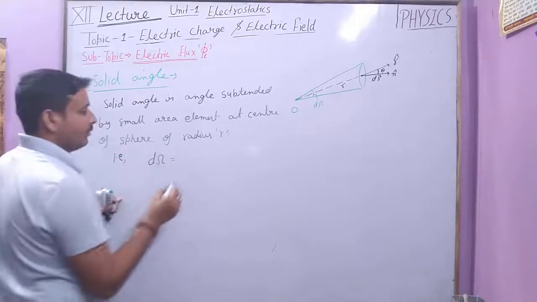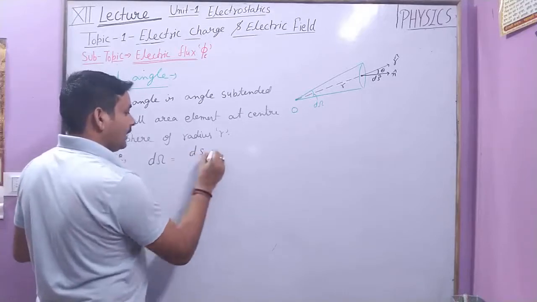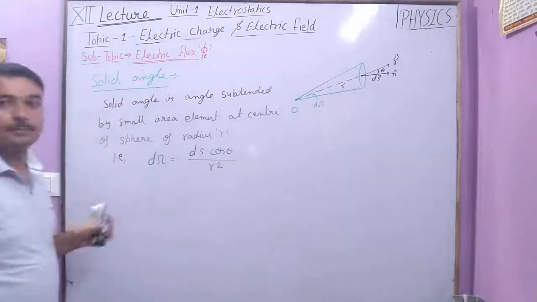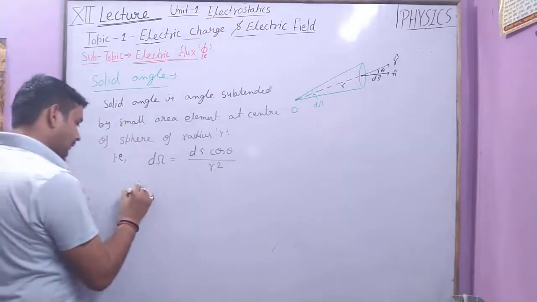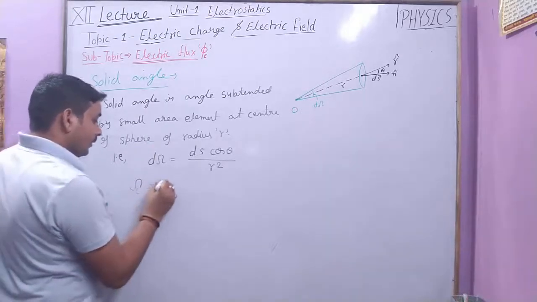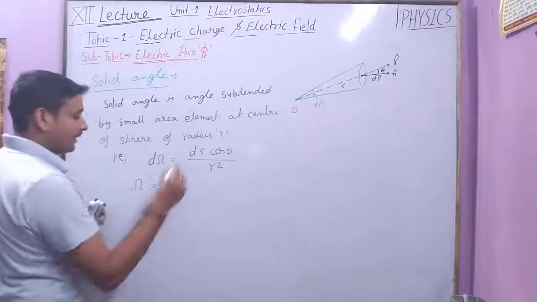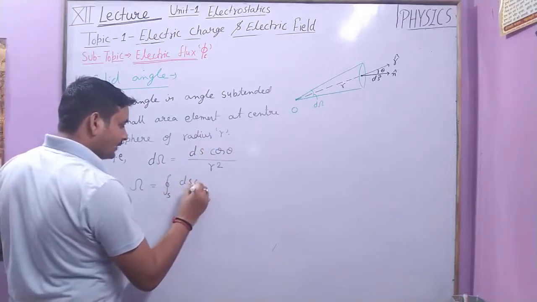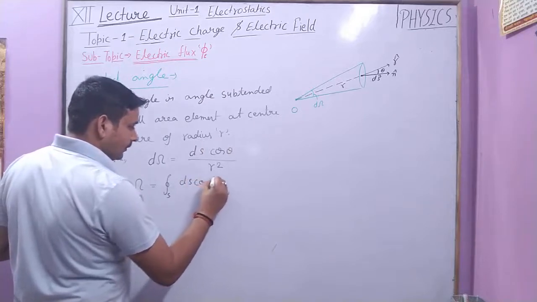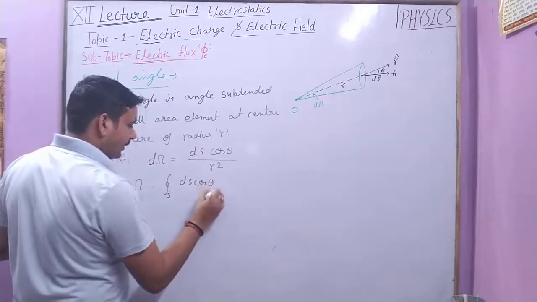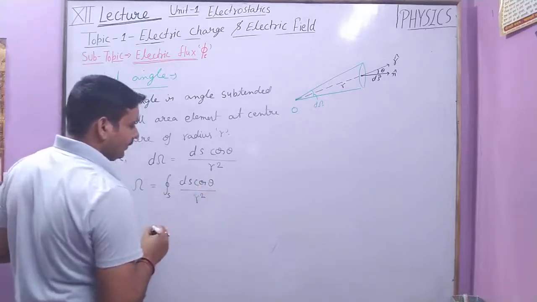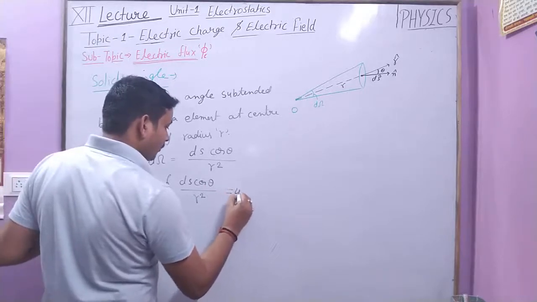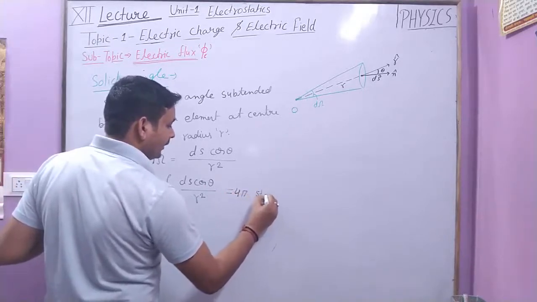Okay, that is, solid angle is given by ds cos theta upon r square. Okay, so net solid angle by a closed spherical surface or closed surface, integral of ds cos theta upon r square, is equal to 4 pi steradian.